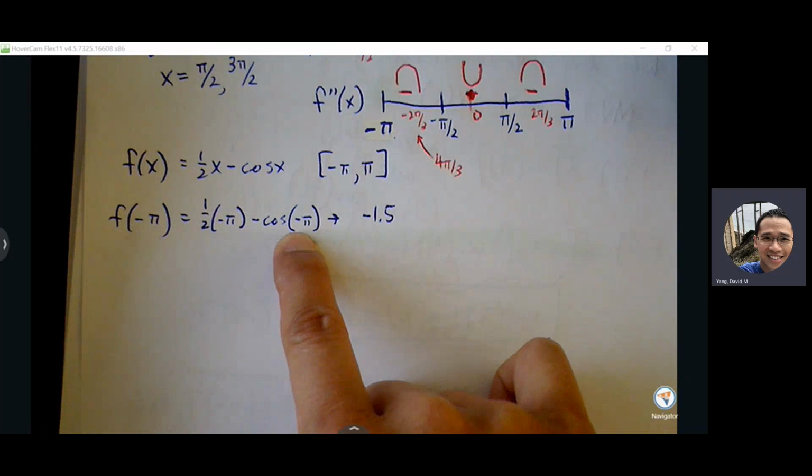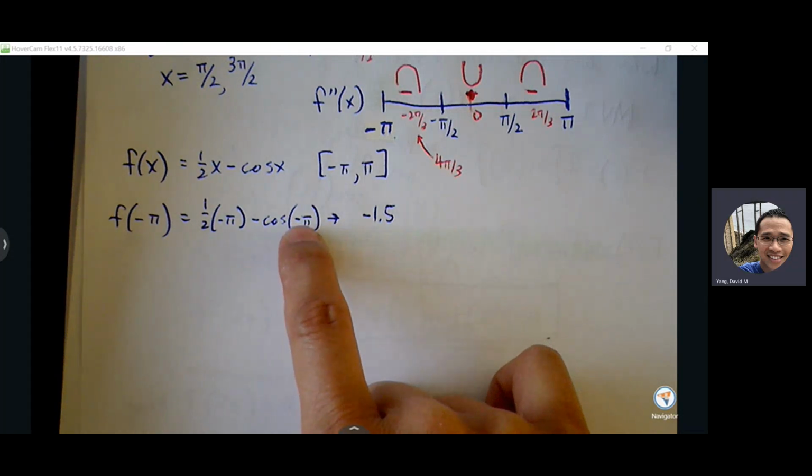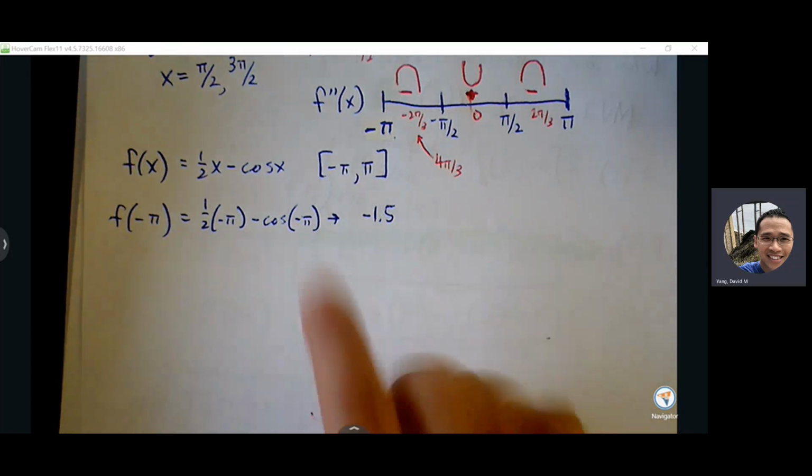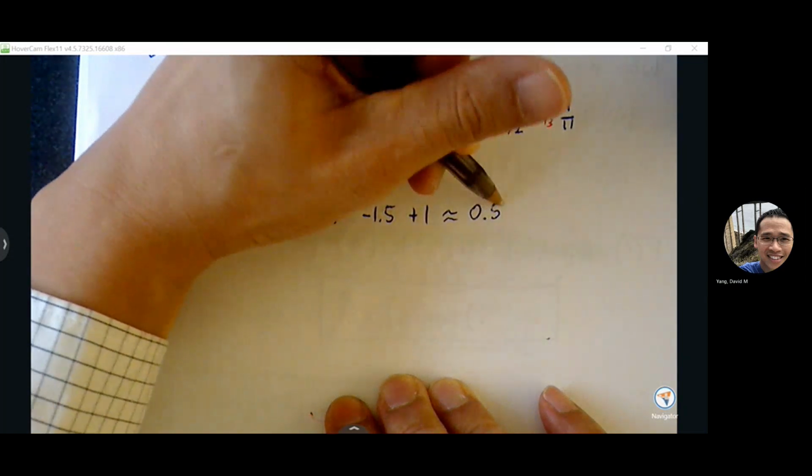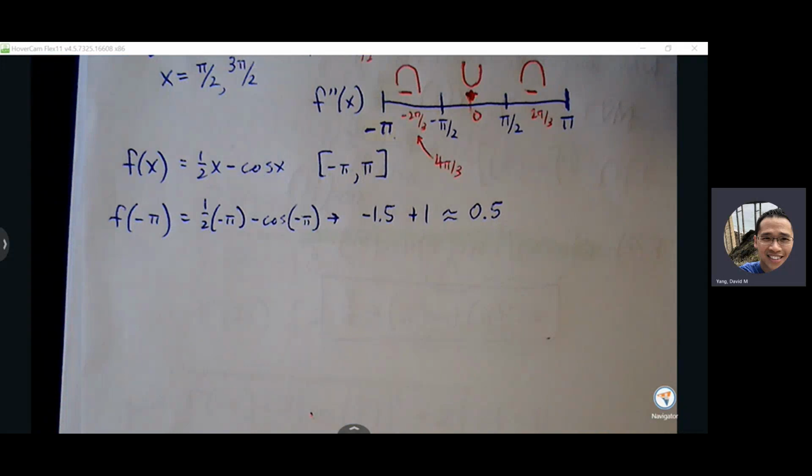And the cosine of negative pi is the same thing as cosine of pi, which is negative 1. So negative 1 times negative 1 is a positive 1. So we have an idea, it's around 0.5. Just a ballpark value. You have to know the exact value to know where to graph.